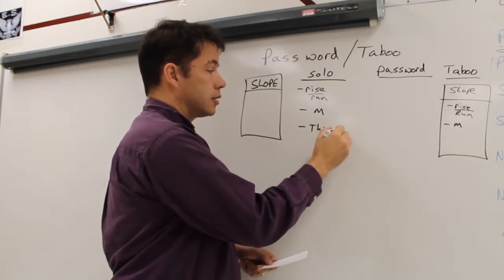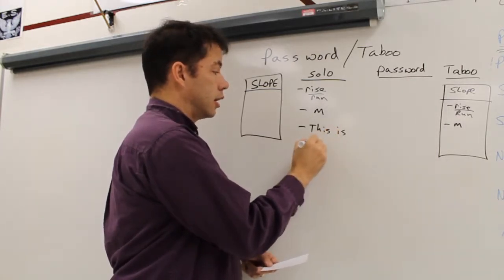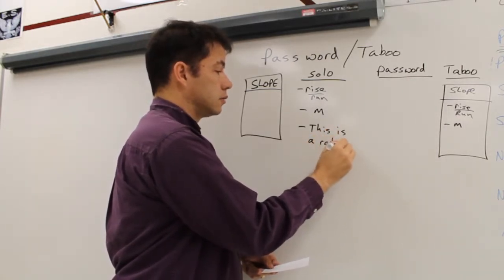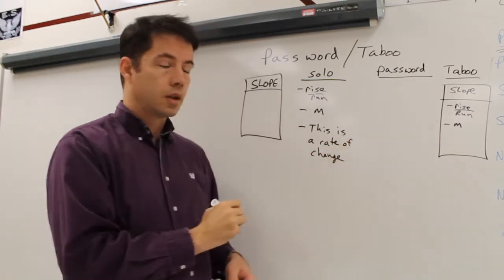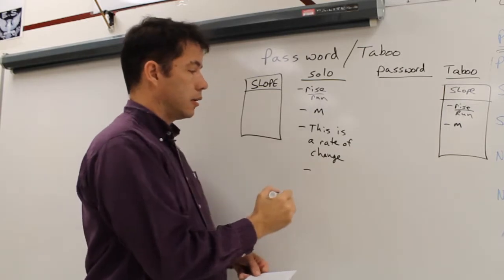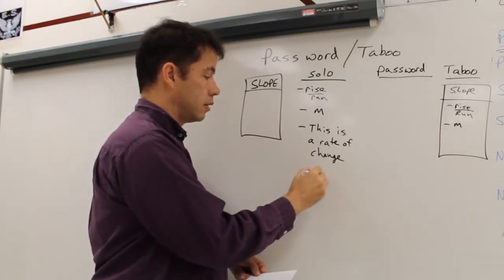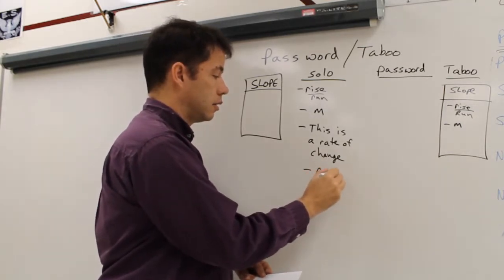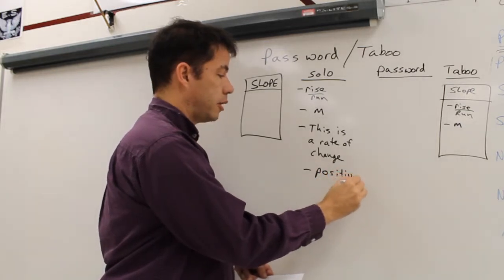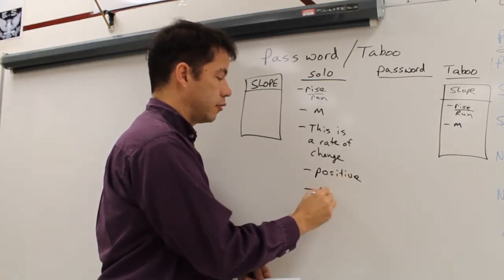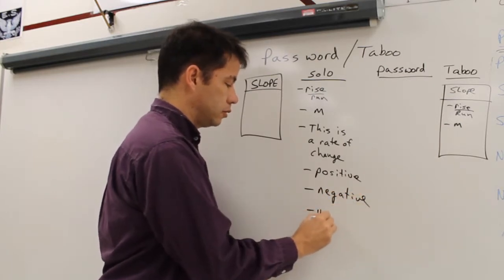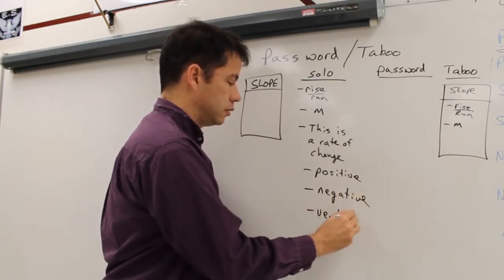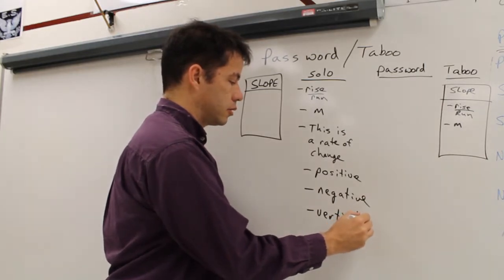They might write, this is a rate of change. It can be positive. It can be negative. If it is vertical, no solution.